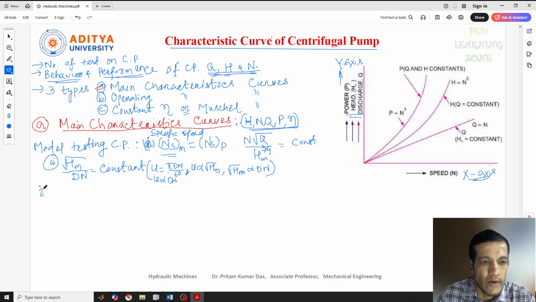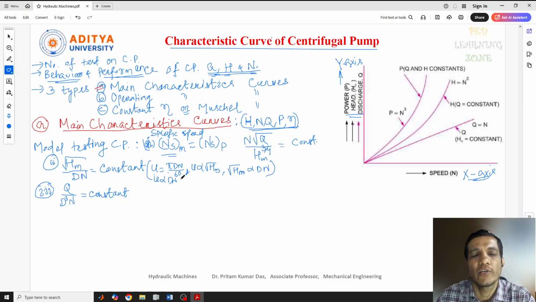The next equation I got previously is for the discharge. There we got DQ by N equal to a constant. It is found in a similar way: discharge equals area into velocity.